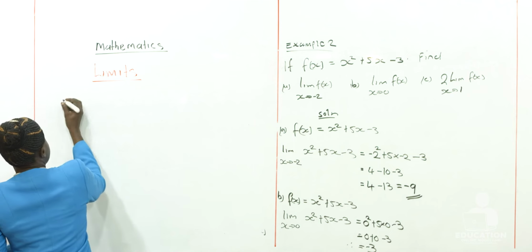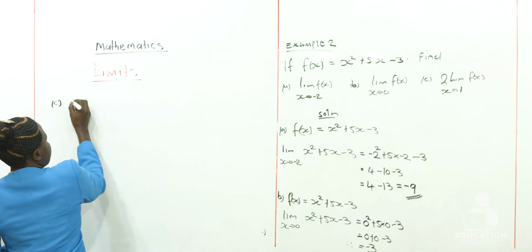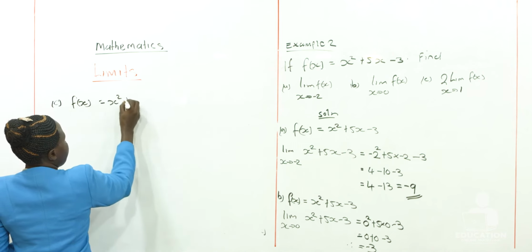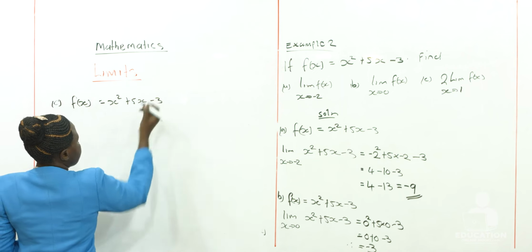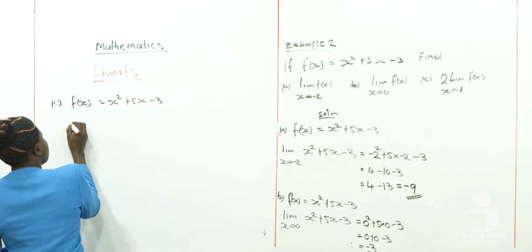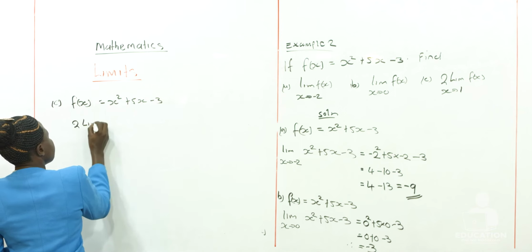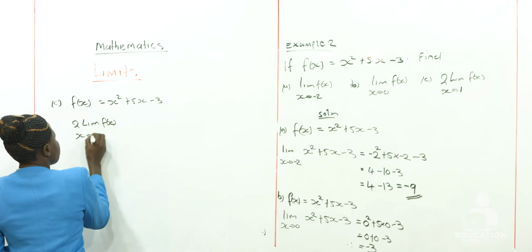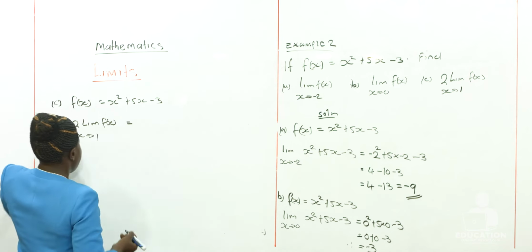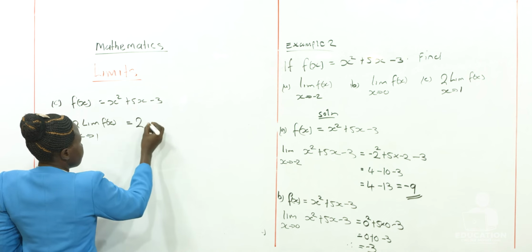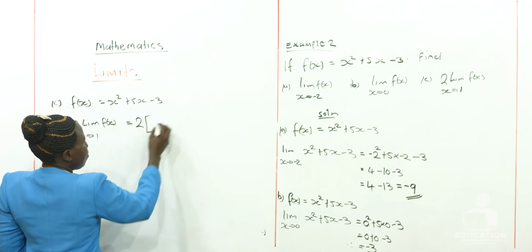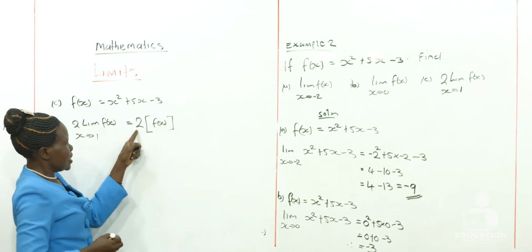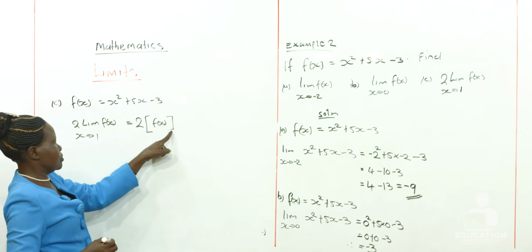So you say part C, f(x) is given as x squared plus 5x minus 3. So when it comes to the limit, we say 2 limit of f(x) when x is approaching to 1 is the same as 2 into the whole function. Are we together? That is 2 in a whole function.